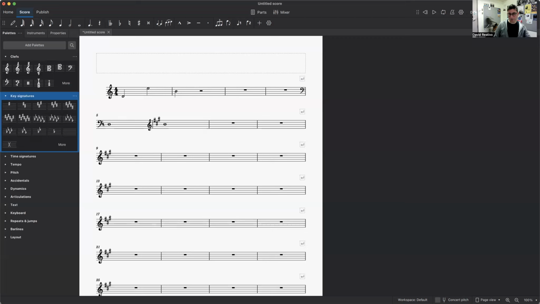If C is my concert key signature, then I have to put A for the baritone sax, and once I have that key signature transposed, then I can just write everything on the same lines and spaces as they would be in the bass clef, just using the treble clef instead.